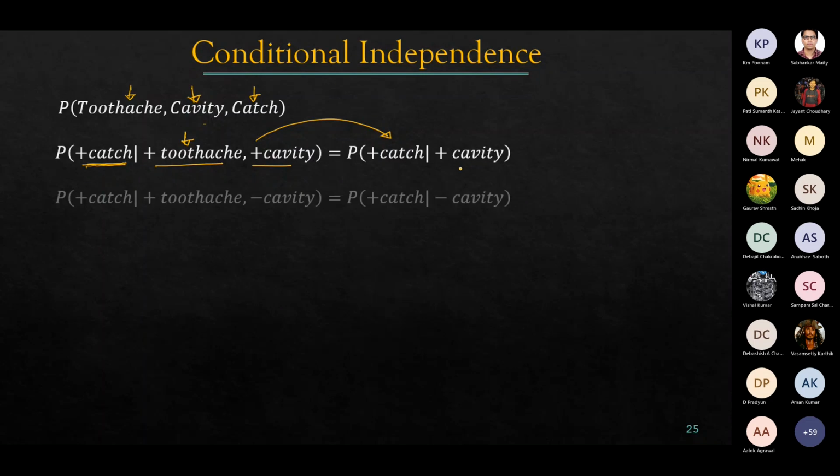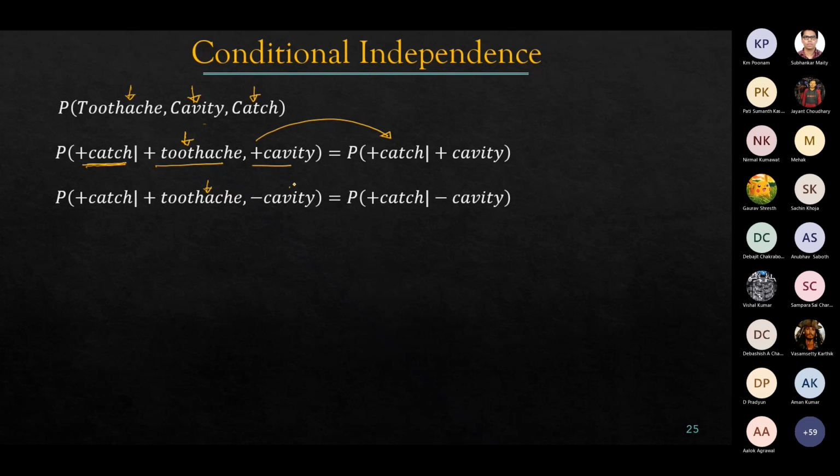With a similar argument, I can say probability of catch given toothache and no cavity. That means there is no cavity, but in spite of that, the probe is saying that there is a cavity. There can be an imprecision in your device that might report a cavity even if there is none. And that is also independent of whether you are having a toothache or not.